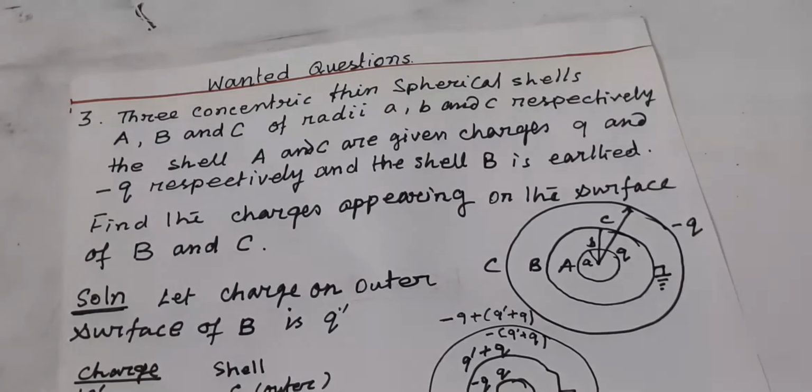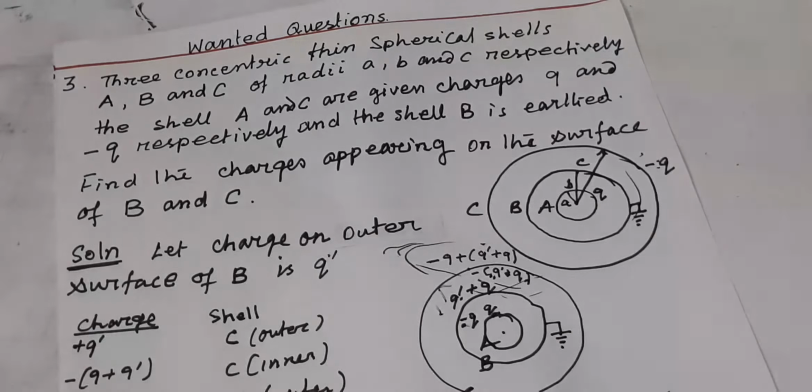The outer surface of A will be q. Due to induction, the inner surface of B will be minus q, and on its outermost surface it was taken q dash, that means q dash plus q will be there. Then due to induction, the inner surface of C will be minus q dash plus q, then the whole thing will be plus, that means plus q dash plus q, and minus q has already been given here. So ultimately we will get q here. We have to see how much is coming there.